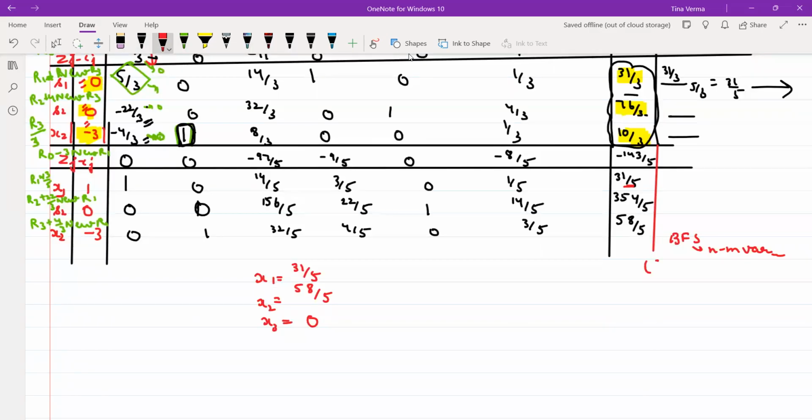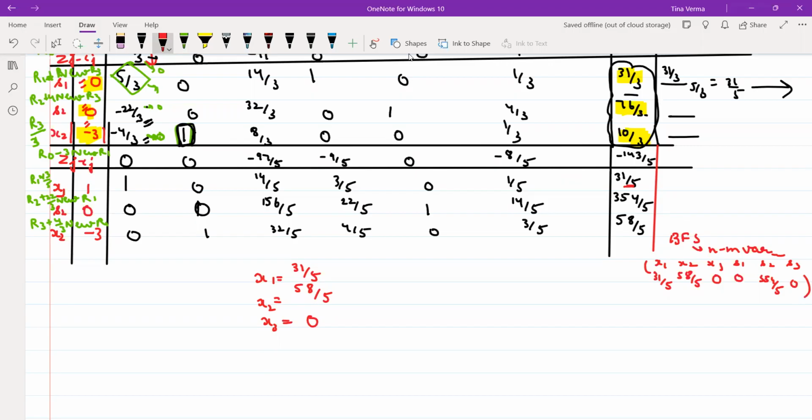So if you compare it with your algebraic method, your x1 is 31 by 5, x2 is 58 by 5, x3 is 0, s1 is 0, s2 is 354 by 5, and s3 is 0. So your n minus m variables are 0 over here, and m variables have values.